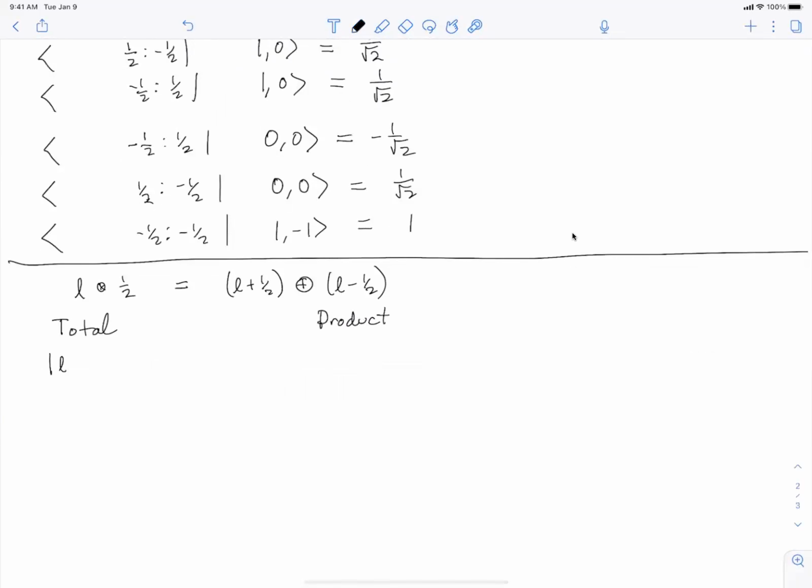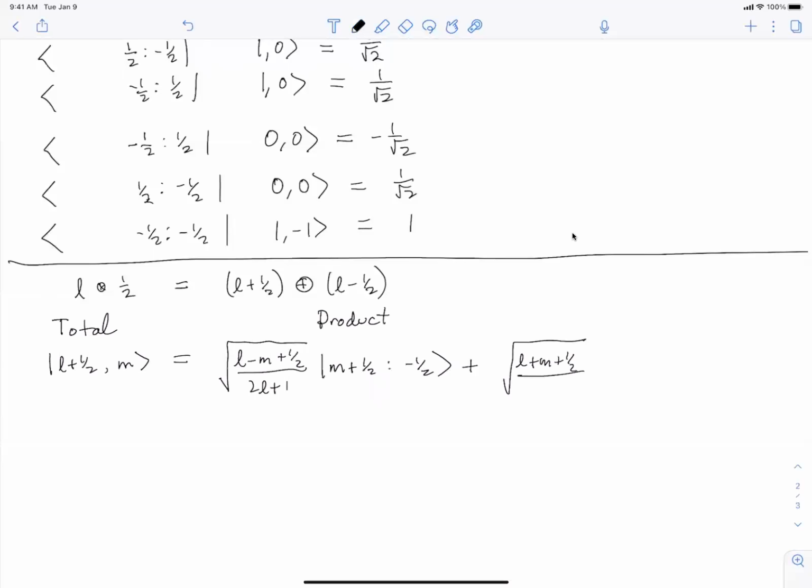So if we have L plus 1/2, m, that worked out to be the following linear combination: square root of L minus m plus 1/2 over 2L plus 1, m plus 1/2, minus 1/2, plus a different square root, L plus m plus 1/2 over 2L plus 1, m minus 1/2, 1/2.